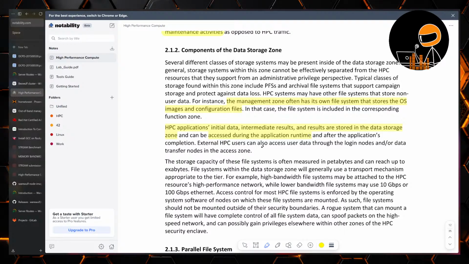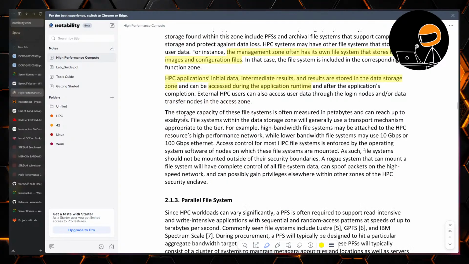External HPC users can also access user data through the login nodes and/or data transfer nodes in the access zone. The storage capacity of these file systems is often measured in petabytes and can reach up to exabytes. Not in my home lab environment, that is.